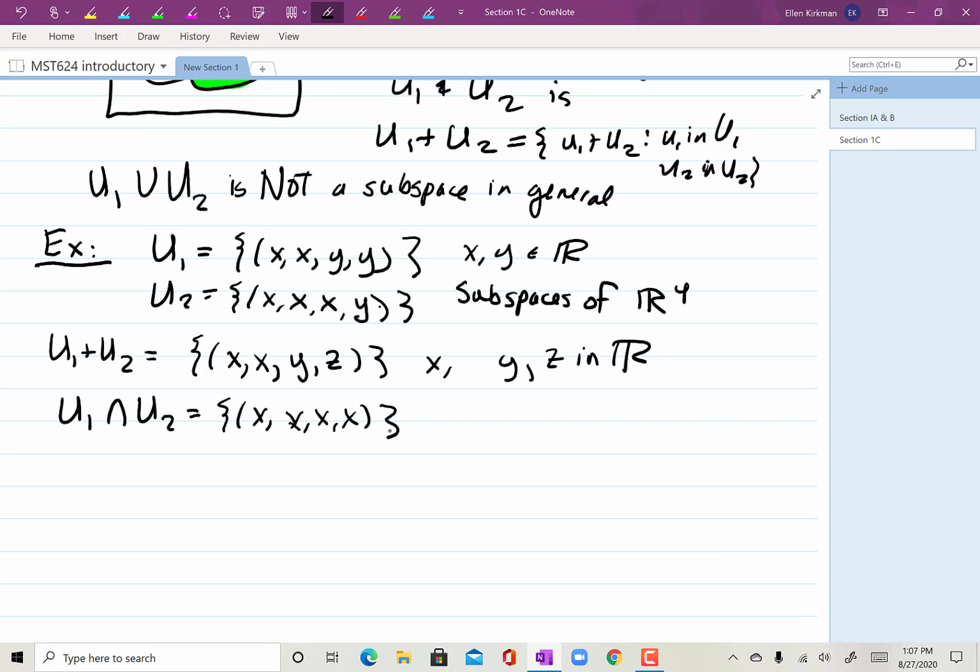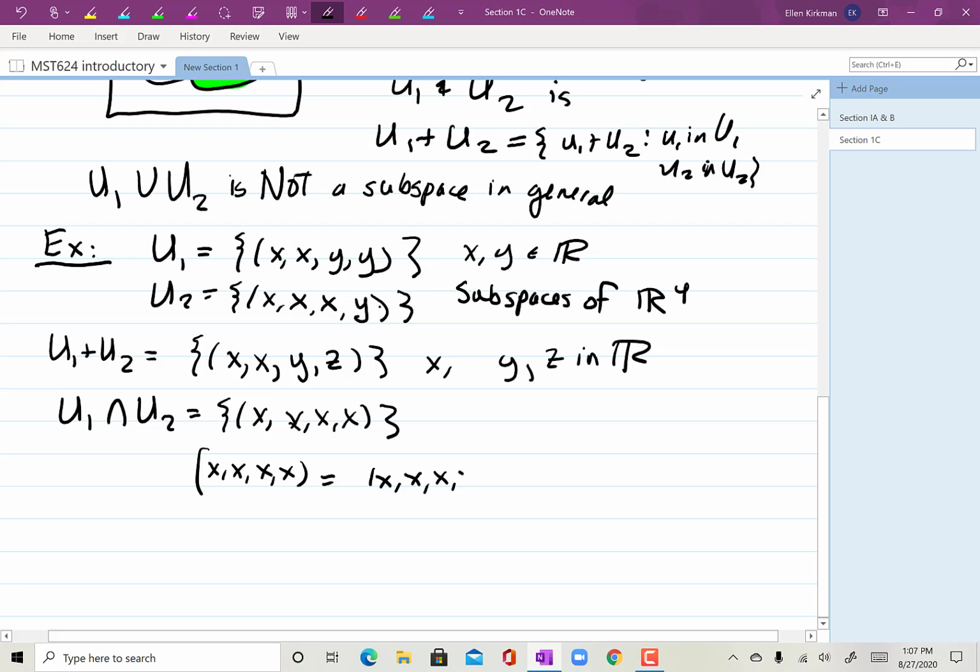And so in particular, if I'm writing a sum, when I have this vector (x, x, x, x), I could think of that as being something in U1 plus the 0 vector, which is in U2, or I could think of it as the 0 vector plus (x, x, x, x).